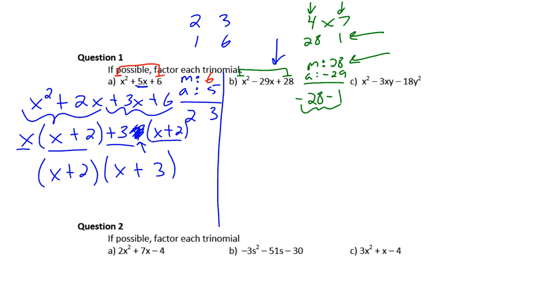So we'll rewrite this, giving myself much room, as x squared. And instead of negative 29x, I'm going to write it as negative 28x minus 1x plus 28.